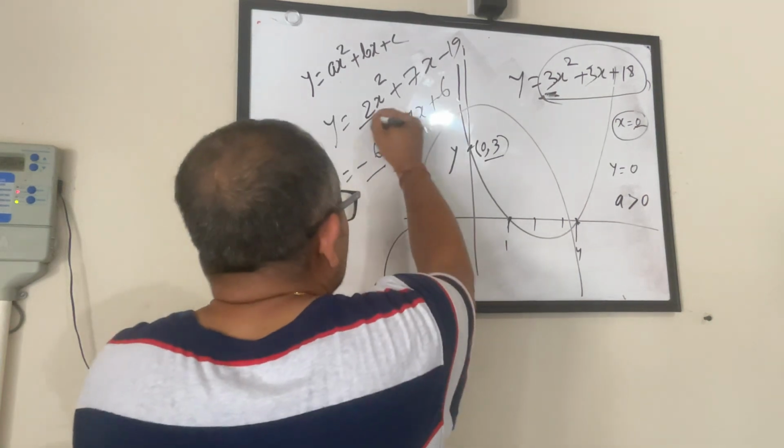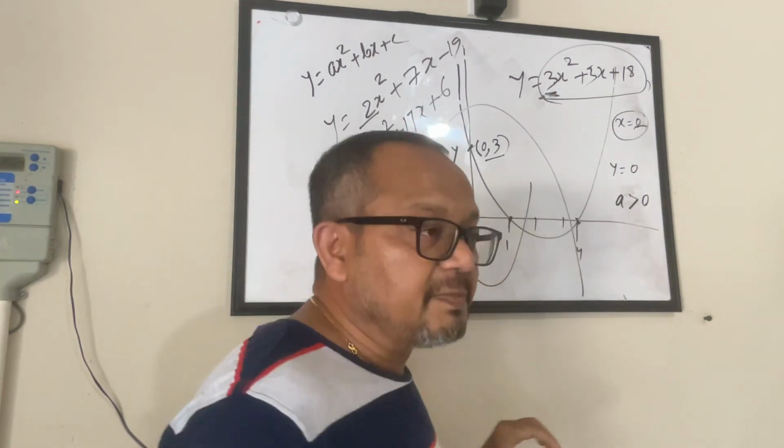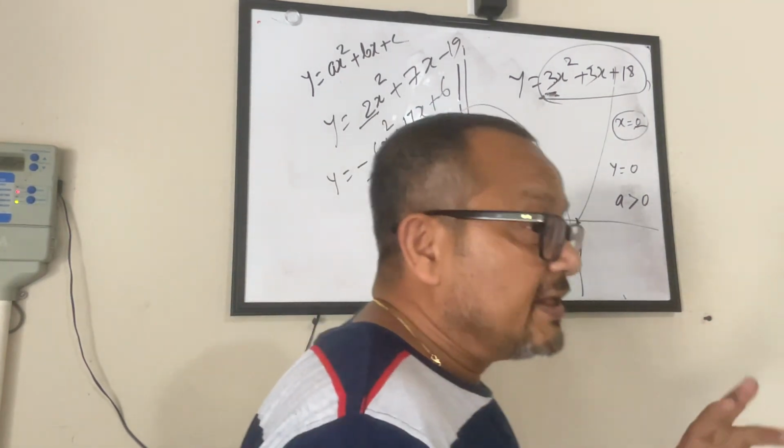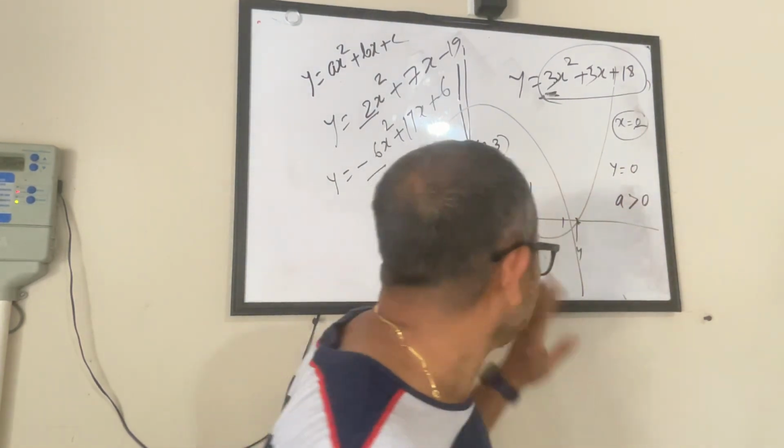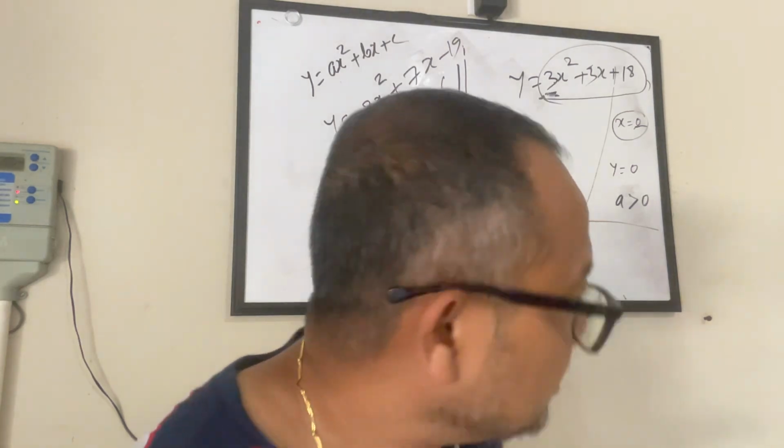If the value of a is positive, it's always going to be facing up. So that could be one of the questions that you might see. I've seen that enough in the Khan Academy. Okay? That's one.